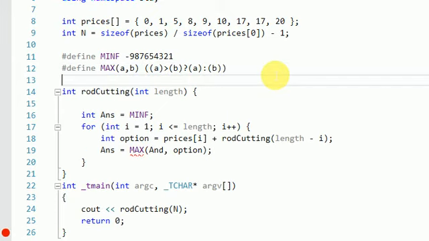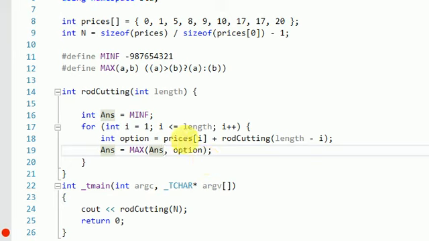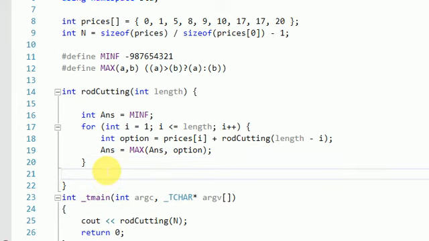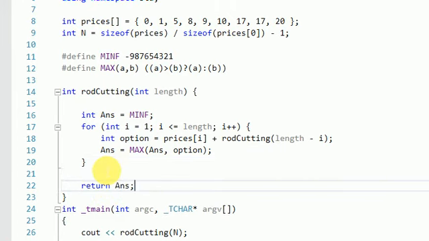So whichever out of these two options is bigger, that will be returned. Okay, so for every state there is an answer. You are just comparing that answer with the minus infinity, and you are storing that particular answer, and then you are returning it. Return that answer.